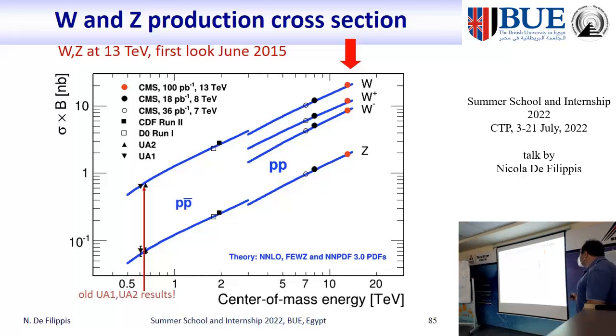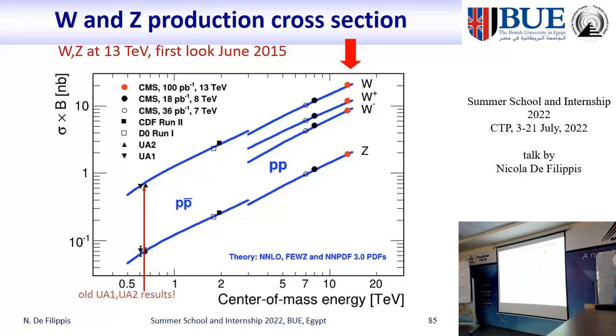Okay. And the measurement of the cross-section for the Z production and the W production was also very much along the extrapolation that you could get from the measurements at the previous hadron colliders.